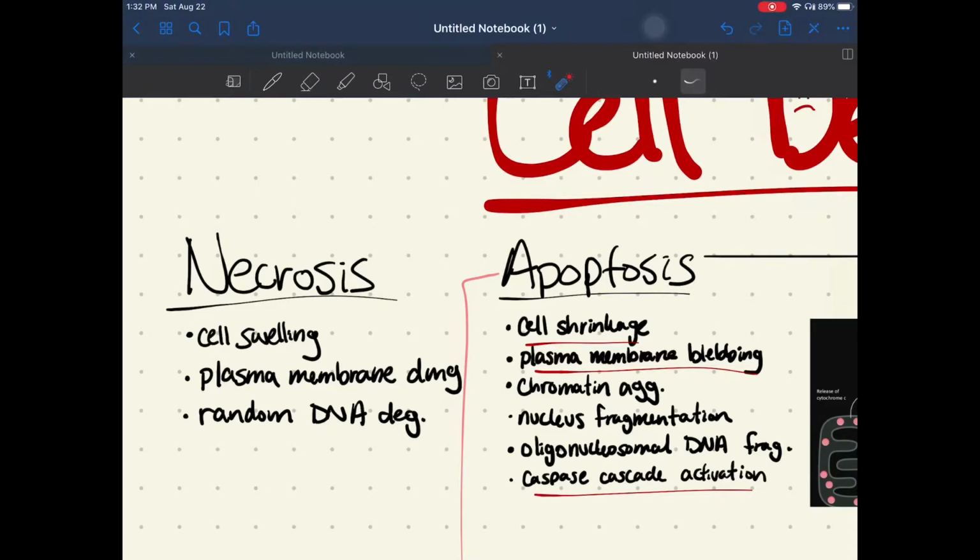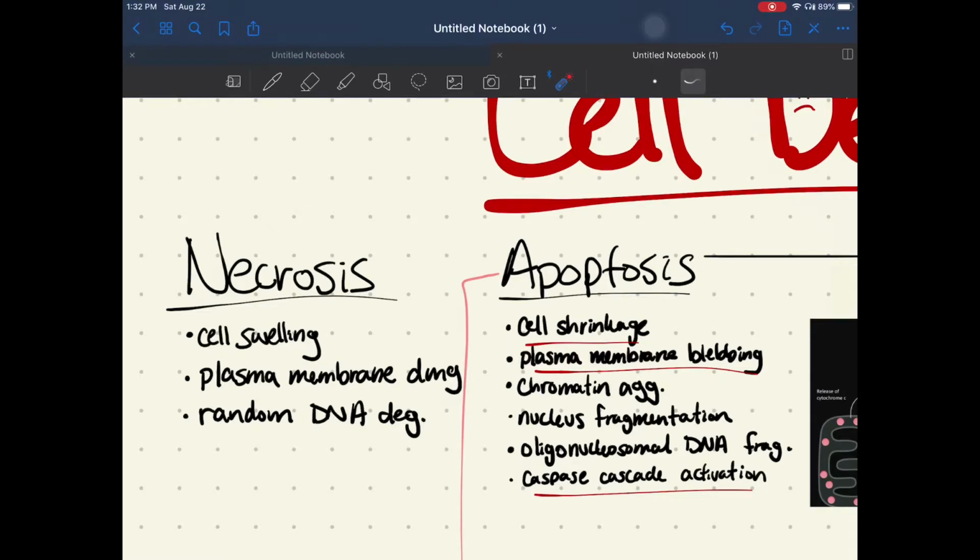So let's just start with necrosis. It's characterized by cell swelling, plasma membrane damage, and DNA degradation. This process is a little bit more messy than apoptosis. As you can see, your cell swells. If you have a normal cell, it's going to increase in size, and then eventually it's going to pop, right?